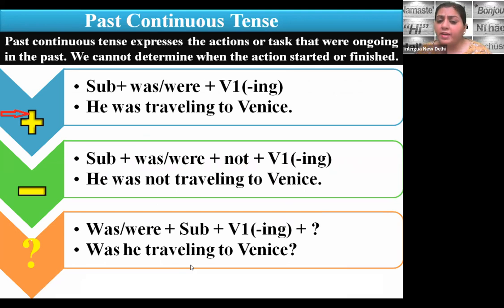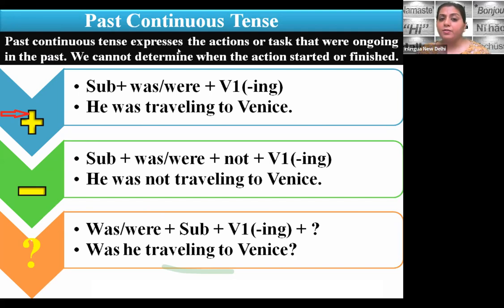Now, in every kind of tense, we have three types of sentences. We have the positive, the negative, and the questions. So, let us look at the positive or the affirmative sentences. He was traveling to Venice is a positive sentence. Now, let's look at the definition which is given here.